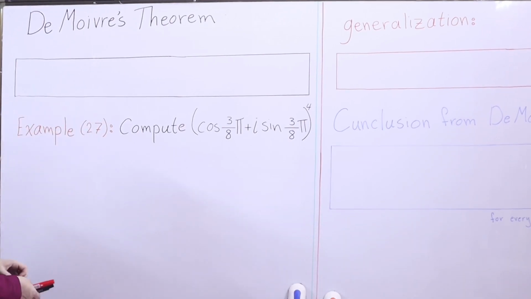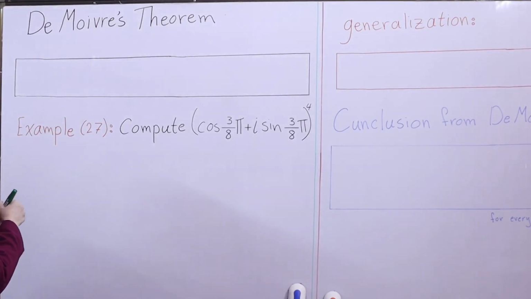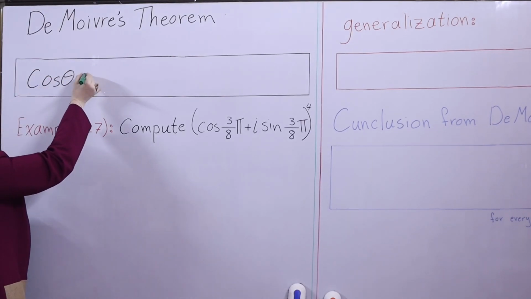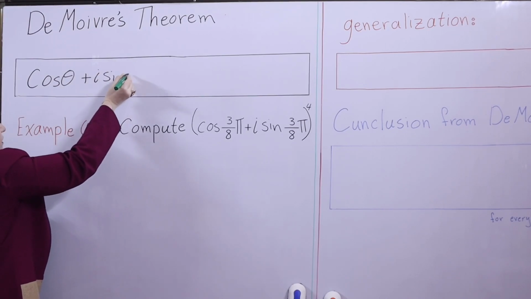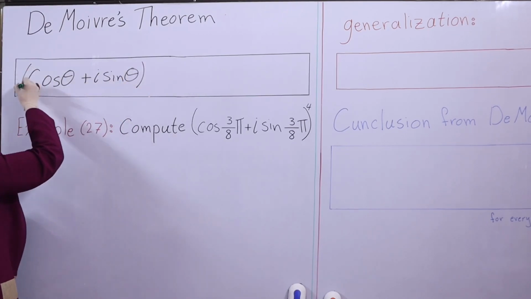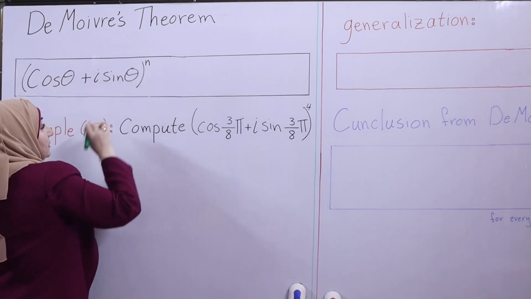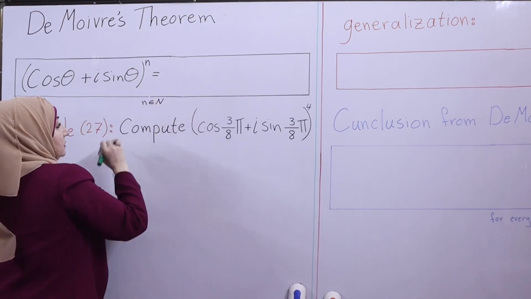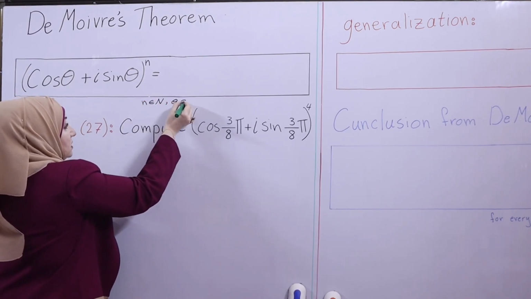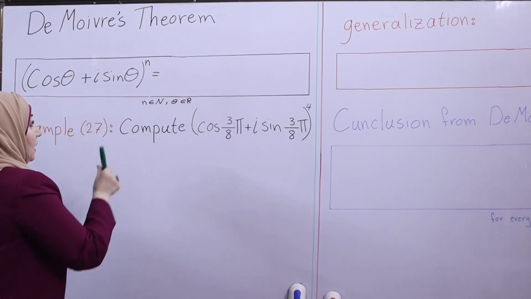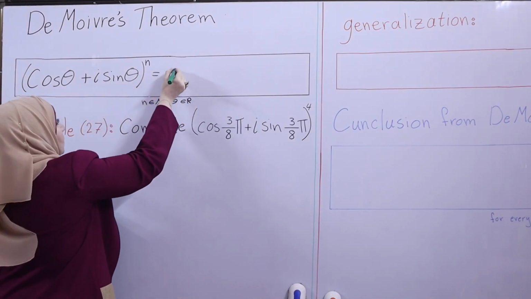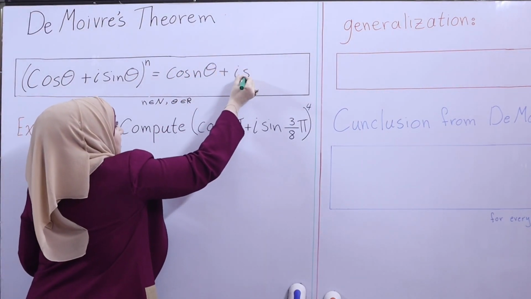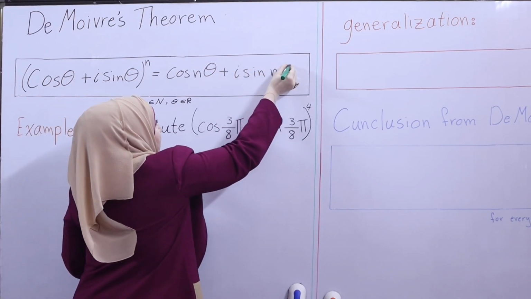which says DeMoivre's Theorem. DeMoivre's Theorem says that if we have cosine theta plus I sine theta, all raised to power n, where n is a natural number and theta belongs to R, it is equal to cosine n theta plus I sine n theta.